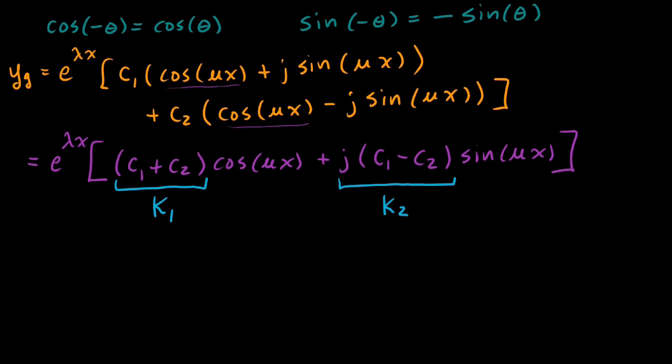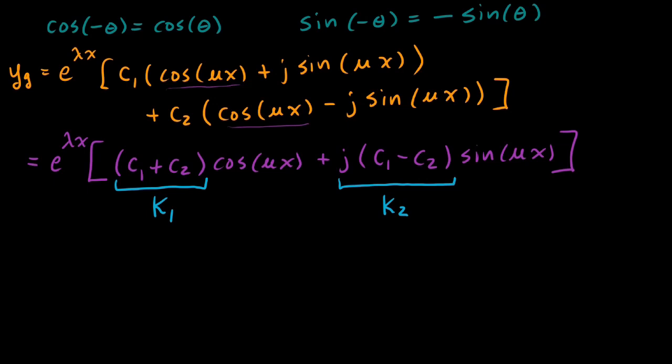They become fixed when we have a particular solution, but from a general perspective, we can just lump those together and rename them because they're still just arbitrary constants. And it actually turns out that they can also be complex themselves. Okay, so it's okay for me to pull this j inside of K2.